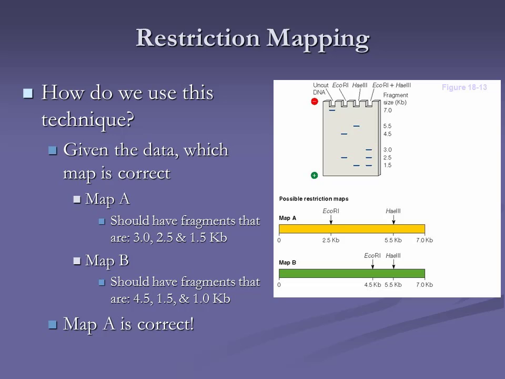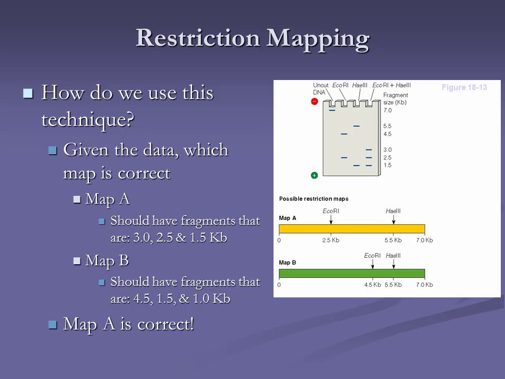Because when we cut with both, EcoRI must be at that site, given a 2.5 and a 4.5, because that's what we got here. It couldn't be here, because if it was, we would expect when we cut with both that we would end up with a 1 kb fragment and still have a 4.5, and we don't. You see, that's a little bit of detective work.